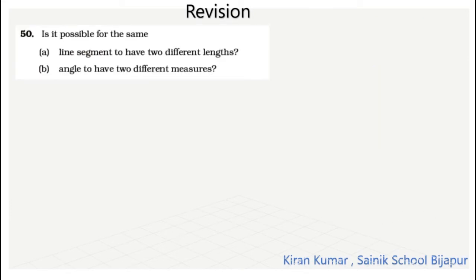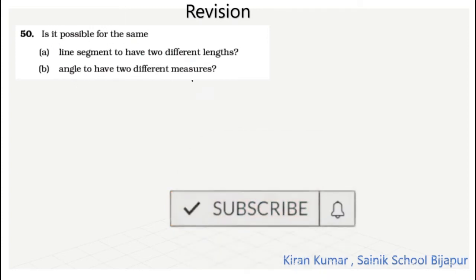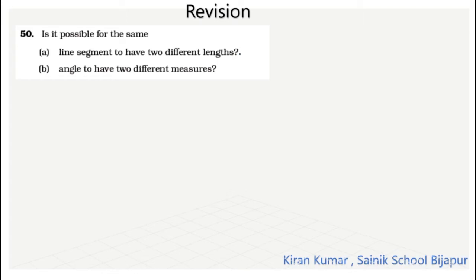Question number 50. Is it possible for the same line segment to have two different lengths? Is it possible for the same angle to have two different measures? In both the cases, it's not possible.